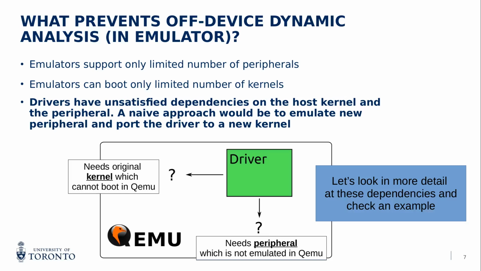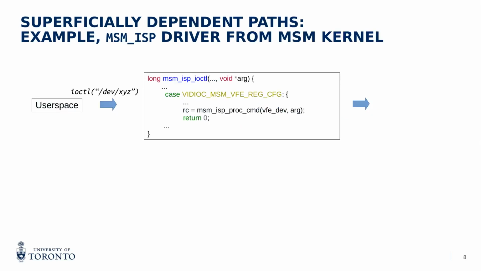But let's take a step back and see in more detail how these dependencies look like in the actual code. This slide shows a simplified version of a camera driver for MSM Android kernel. The user space can issue IOCTL commands and retrieve some data from the camera. The upper part of the slide shows the part of the code immediately after the execution entered the kernel space.